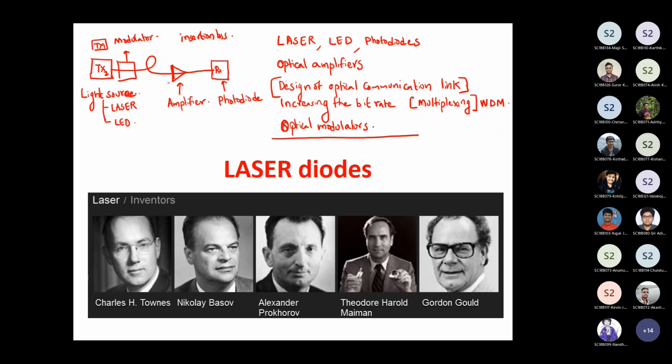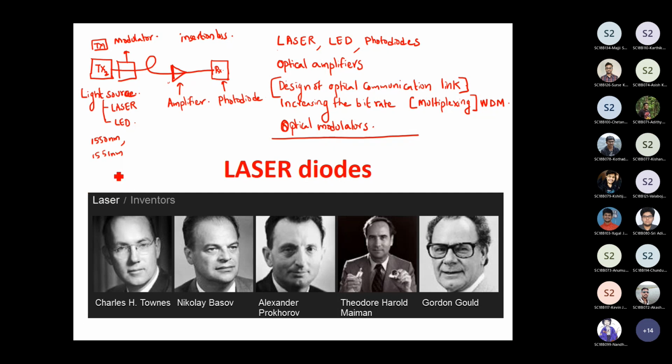These transmitters are nothing but laser diodes that operate at different wavelengths. For example, one would be emitting at 1550 nanometer, the other at a slightly different wavelength, let's say 1551 nanometer, and so on.